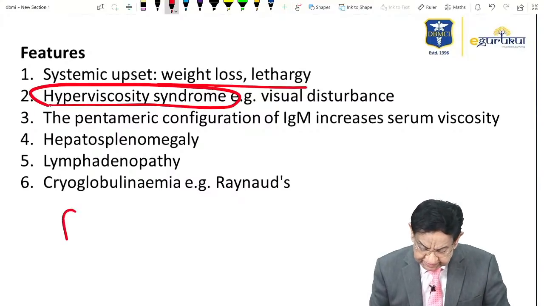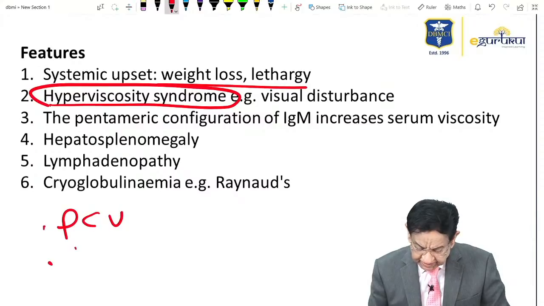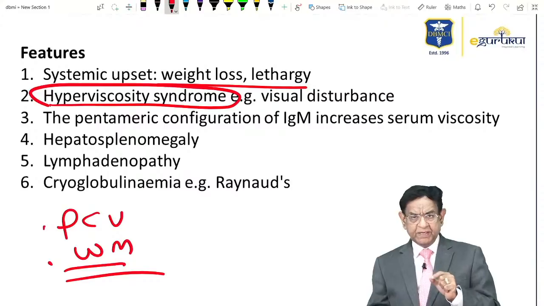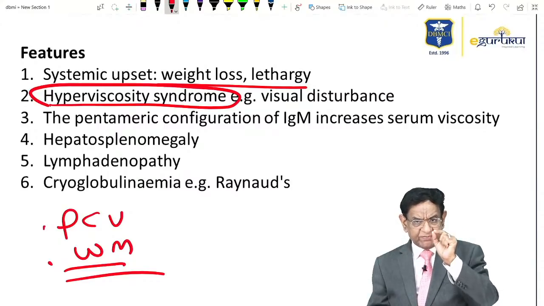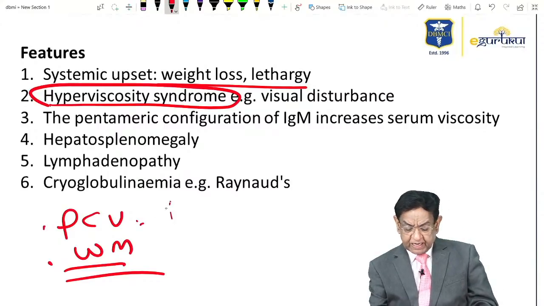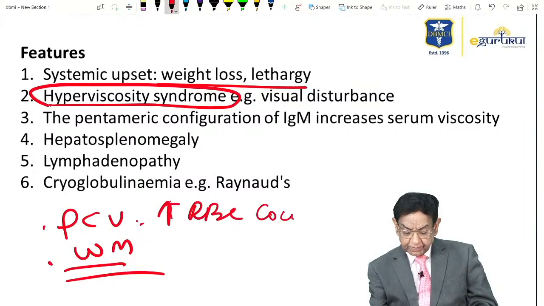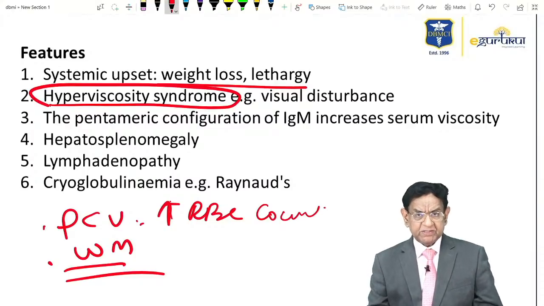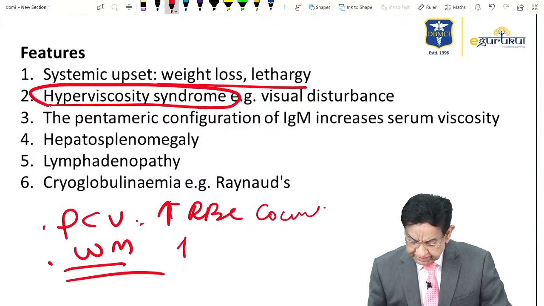One is polycythemia vera, and the other is Waldenstrom macroglobulinemia. In polycythemia vera, viscosity increases due to increased RBC count. But in Waldenstrom macroglobulinemia, this occurs due to increased level of IgM.